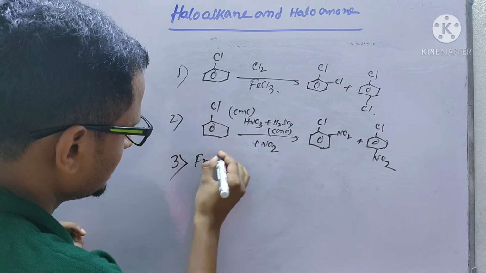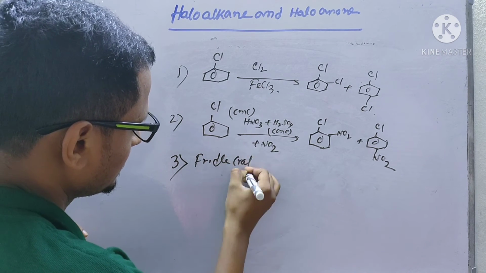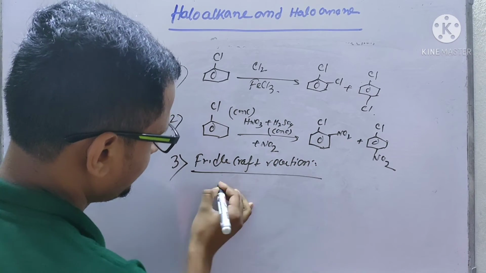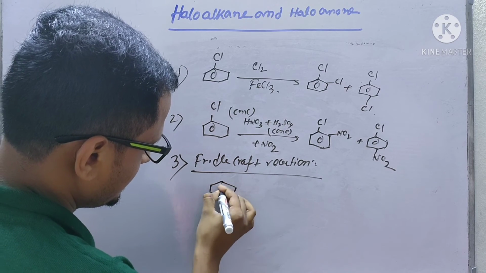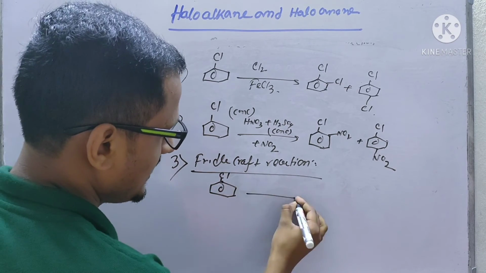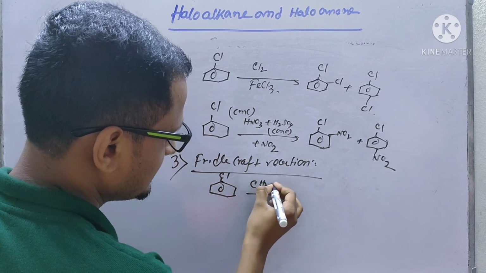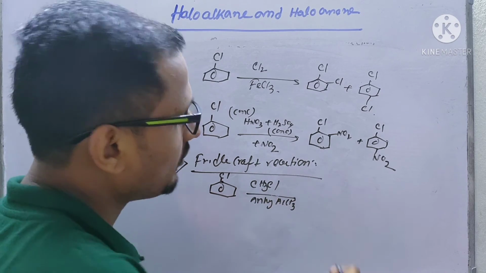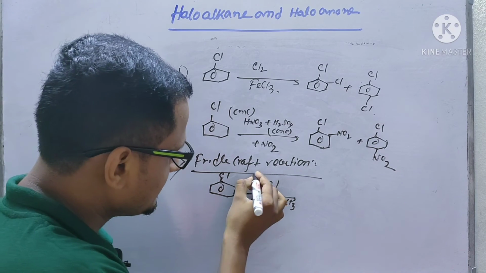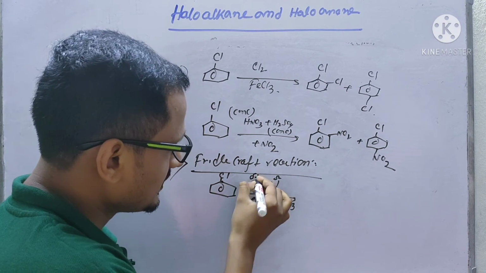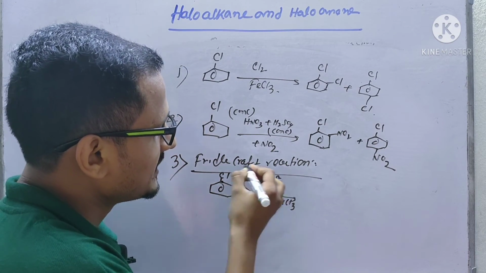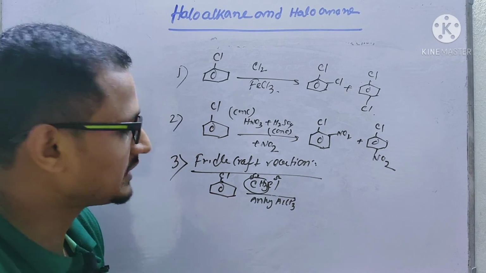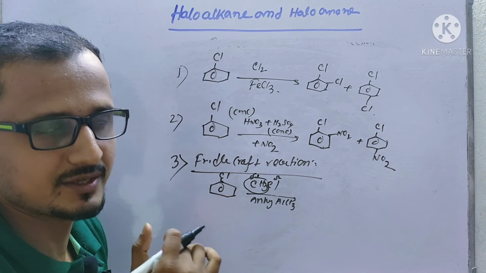So say you have this chlorobenzene and you are reacting with CH3Cl and anhydrous AlCl3. Now you know, I think, that this CH3 is delta plus and this chlorine is delta minus. So here this CH3 is acting as an electrophile, so it can easily substitute the ortho and para hydrogen of this benzene ring.